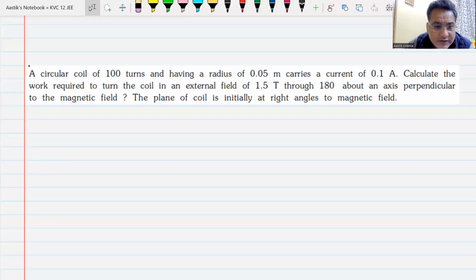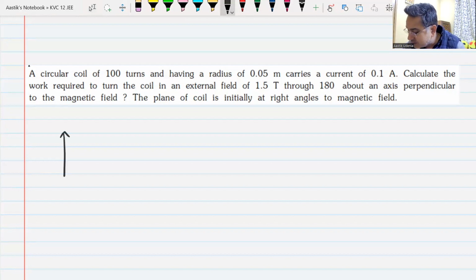So how are we going to do this? It will be easier if you can draw the diagram. Now, plane of the coil is initially at right angles to the magnetic field. So if I draw the magnetic field like this, the plane of the coil is initially at right angles.